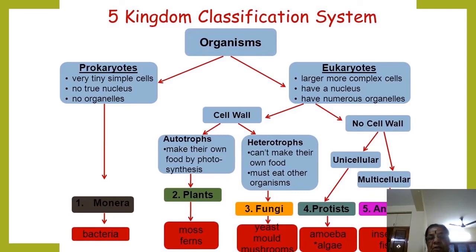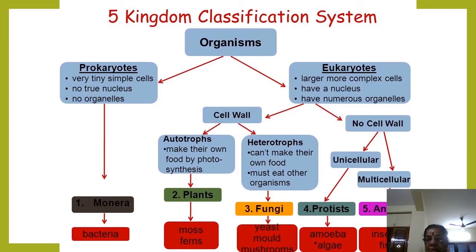With cell wall, they are Plantae and kingdom Fungi. Plants are autotrophs; they can prepare their own food. Fungi are heterotrophs; they cannot make their own food, so they depend on other organisms for food. So they can be parasites, saprophytes or in symbiotic association.